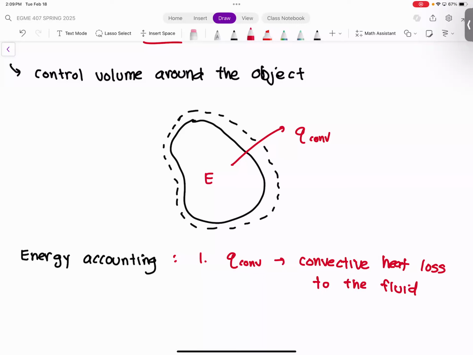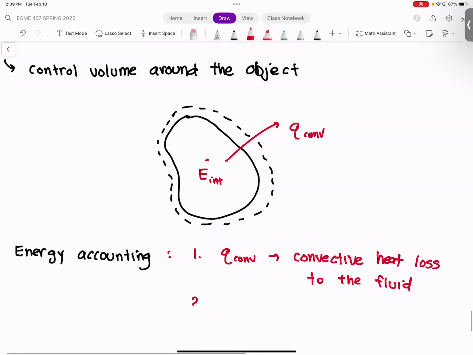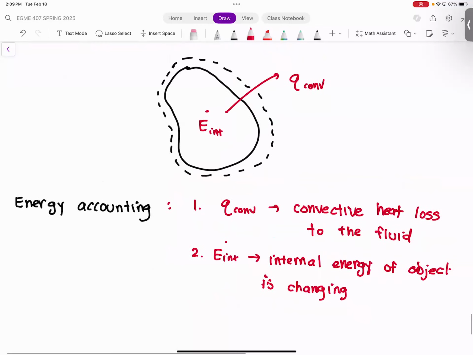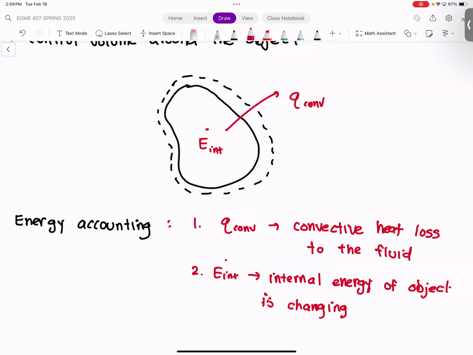So we have the internal energy of the object. I'm going to put a dot on top just to say that it's changing with time. So E internal dot. Those are our two major players in our energy balance here.